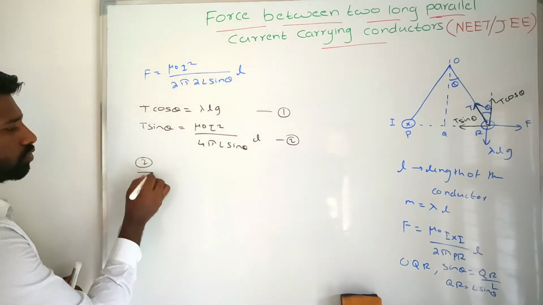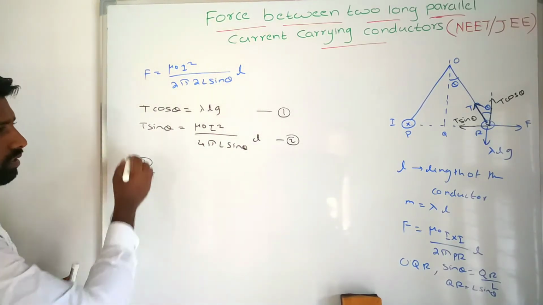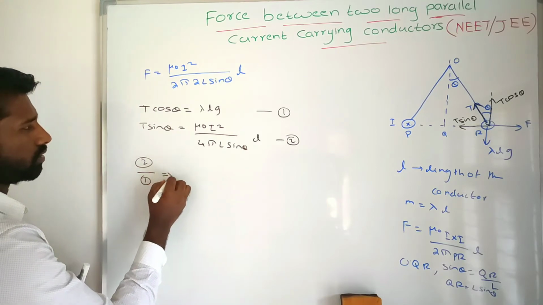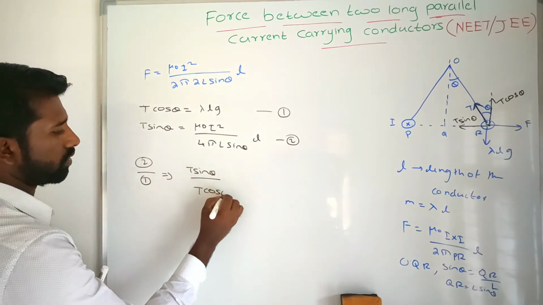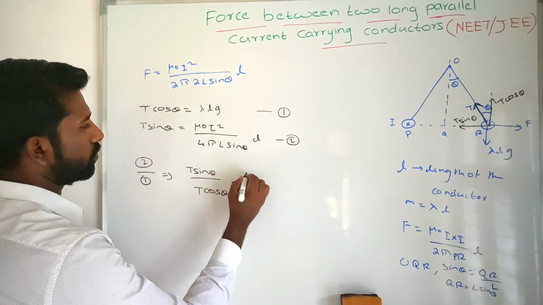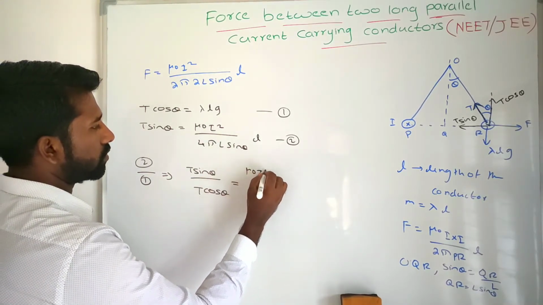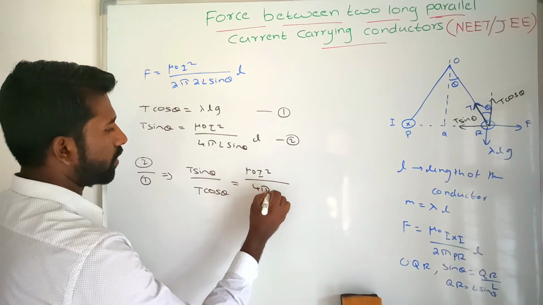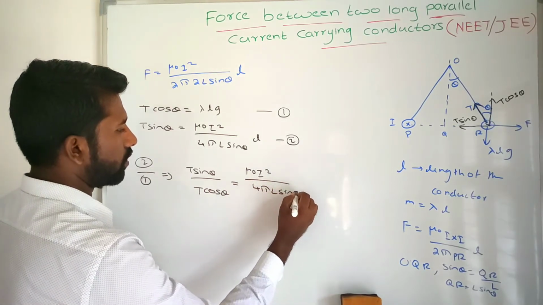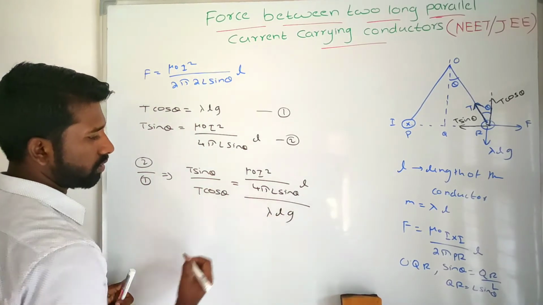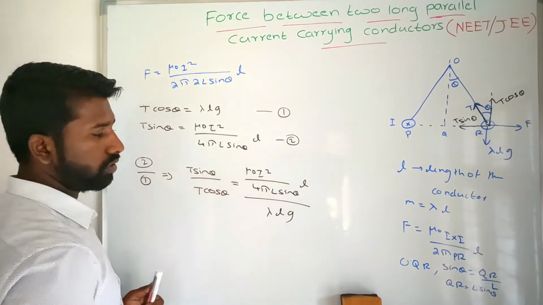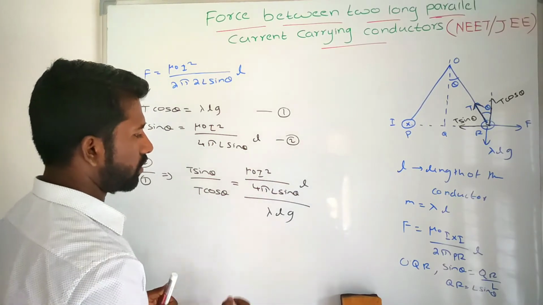Now I am going to take 2 by 1. What is 2 by 1? That is T sin theta divided by T cos theta is equal to mu 0 I square divided by 4 pi L sin theta into small letter L, divided by lambda into small letter G. Lambda into L in the small letter. This is L and L is cancelled.